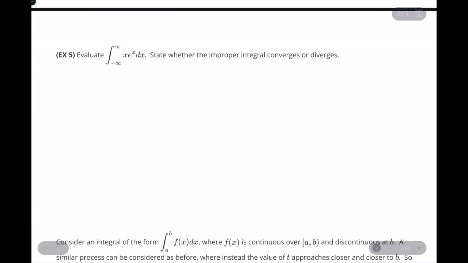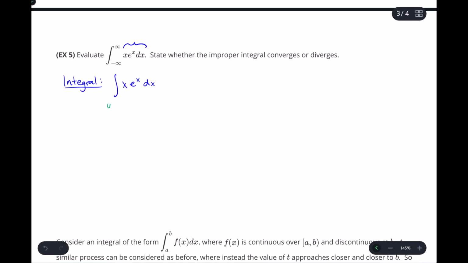And it's going to be doubly useful here because you might recognize this function. It's a product of an algebraic and an exponential, which means that we would need to use integration by parts to actually do the integral. So let's just split this up and do the integral first. All right, so I have the integral x e to the x dx.